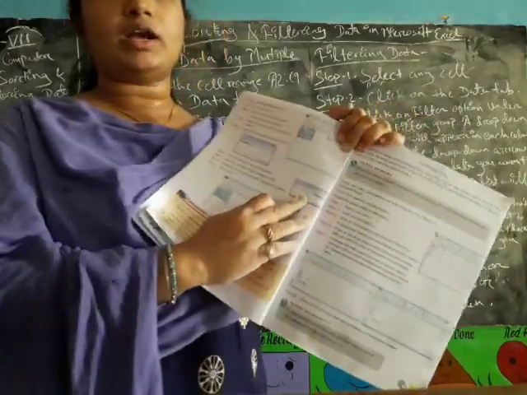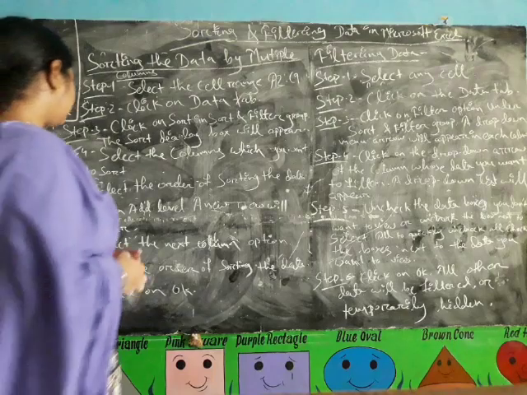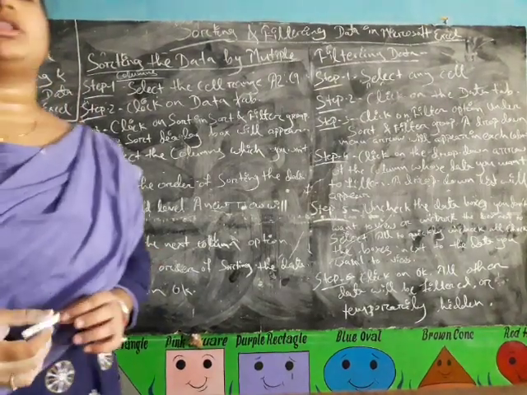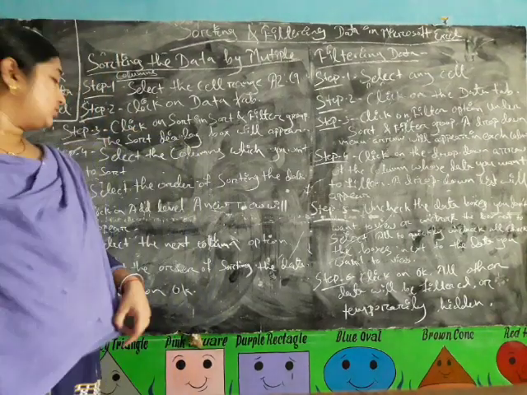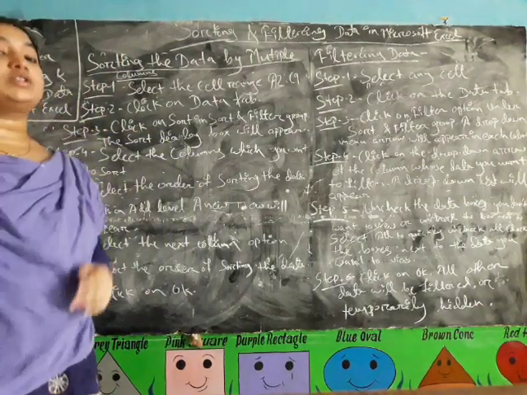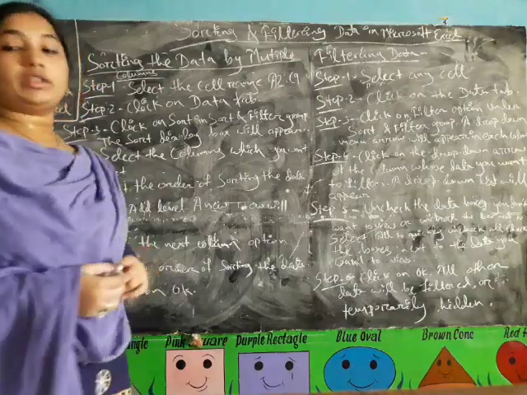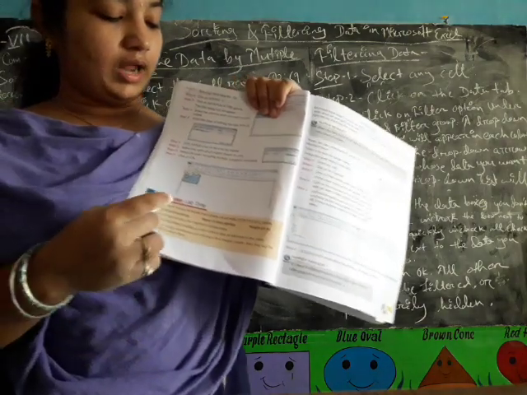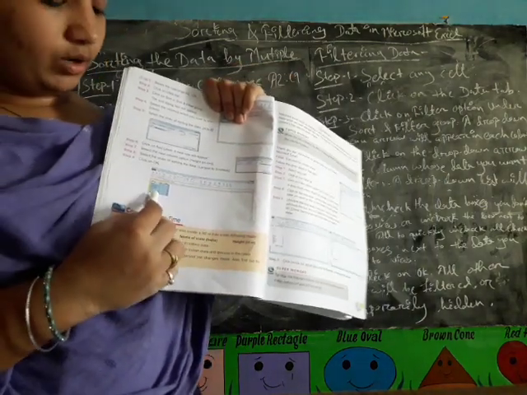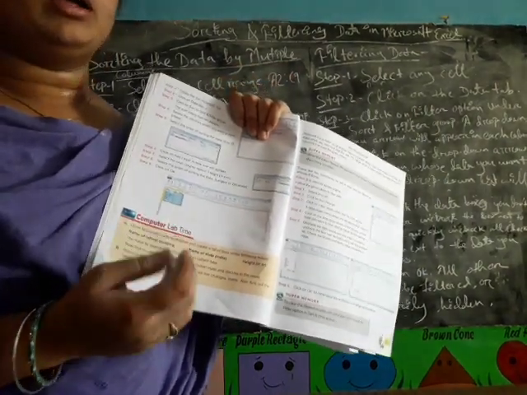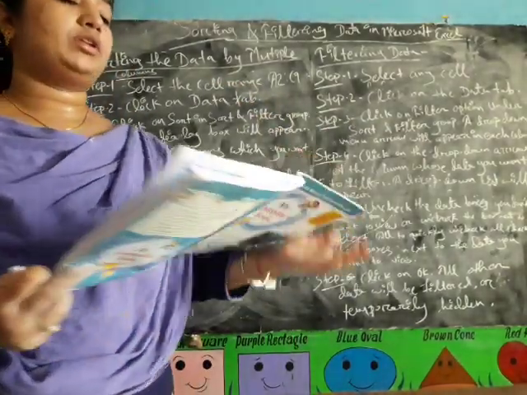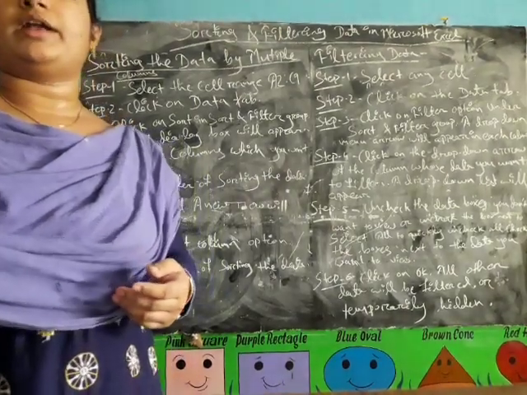Then select the order of sorting the data, and click on OK. When we press OK, a table like this will come, and here we can find the tallest student of the class.